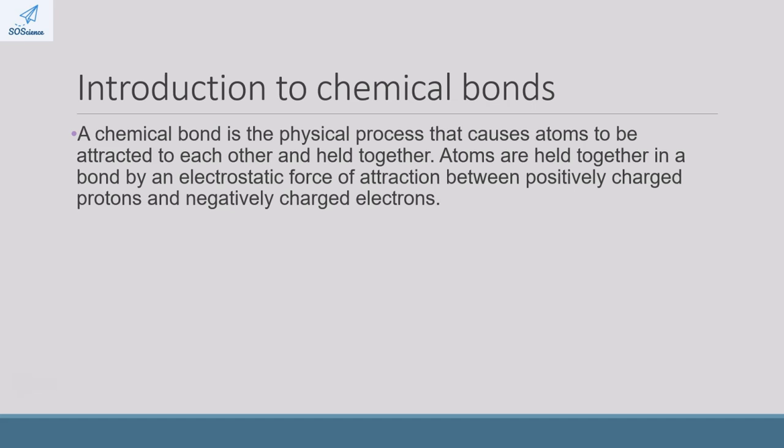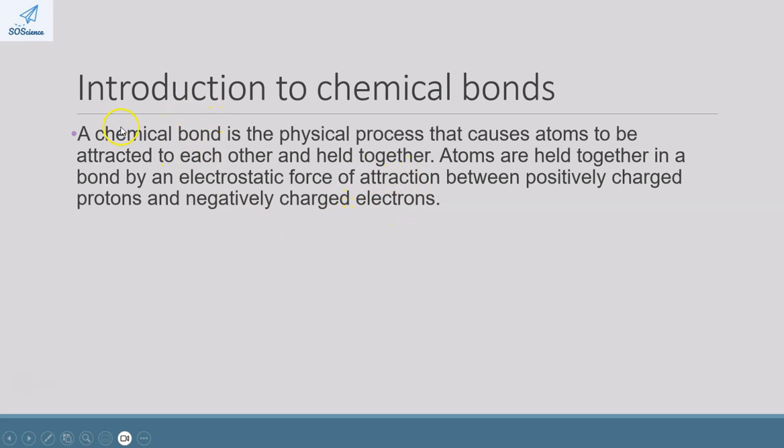Now, when a chemical bond forms, it's a physical process that causes atoms to be attracted to each other, and it causes them to be held together. And what holds atoms together in a chemical bond is the electrostatic force of attraction between the nucleus, where the protons live, which are positively charged, and the electron clouds, which is where the electrons live, and those are negatively charged.